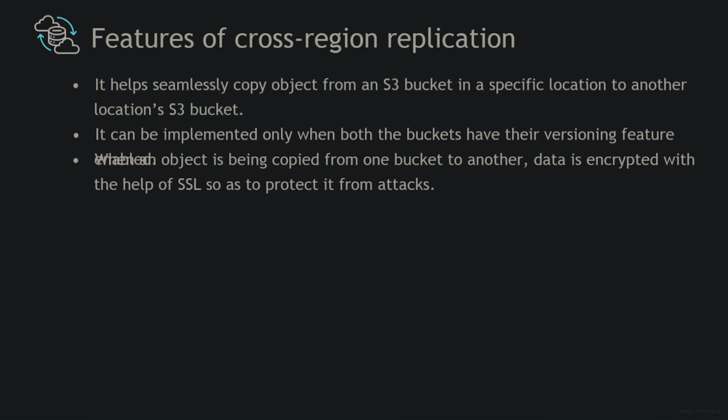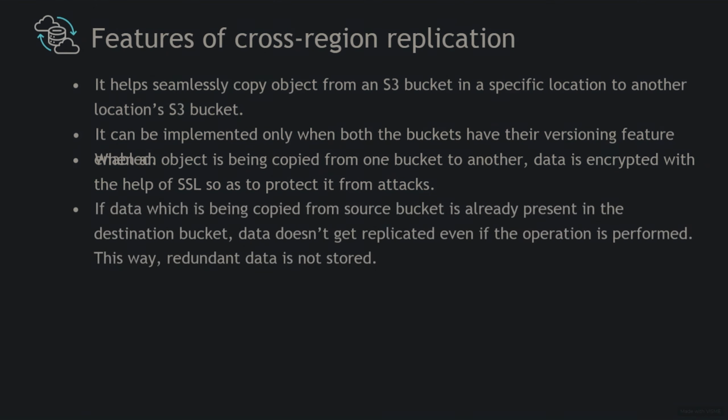And when an object is being copied from one bucket to another, data is encrypted with the help of SSL to protect it from any attacks. And if data which is being copied from the source bucket is already present in the destination bucket, this data doesn't get replicated even if the operation is performed. This way the redundancy of any data is not stored, right?